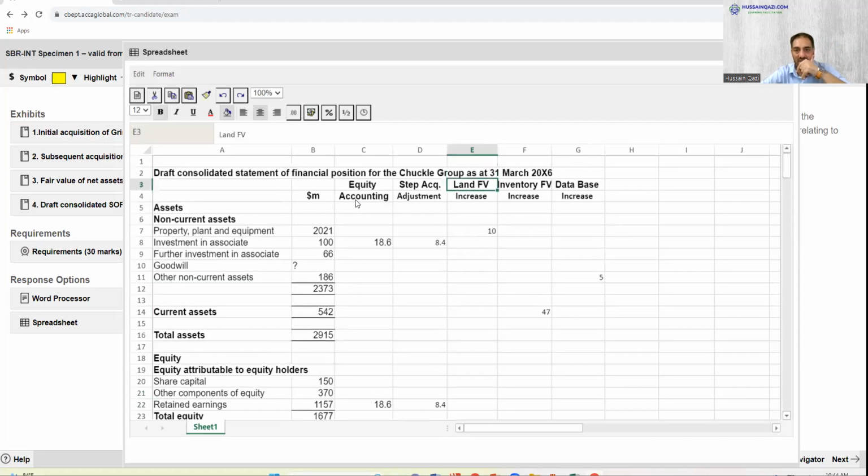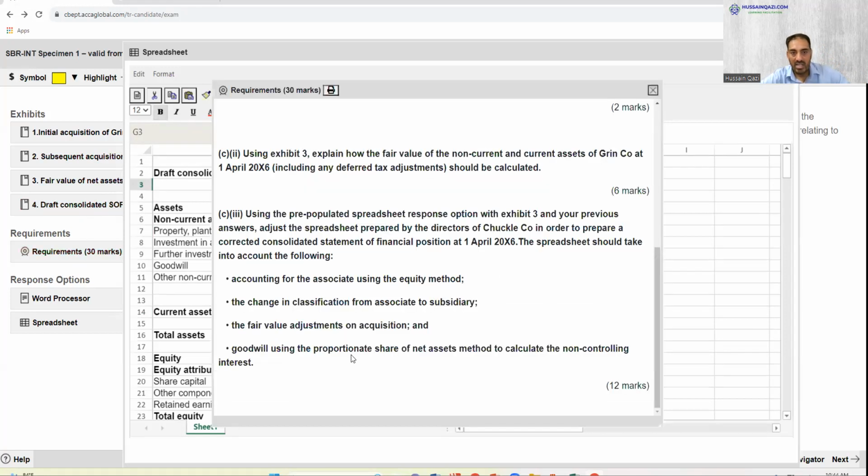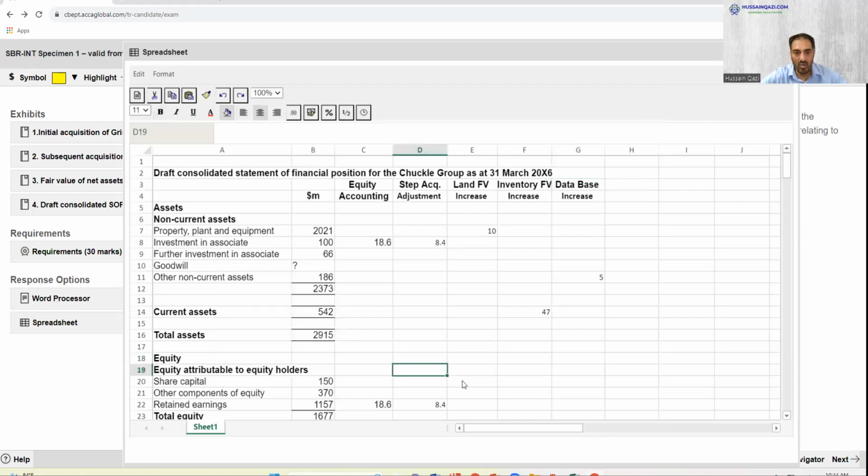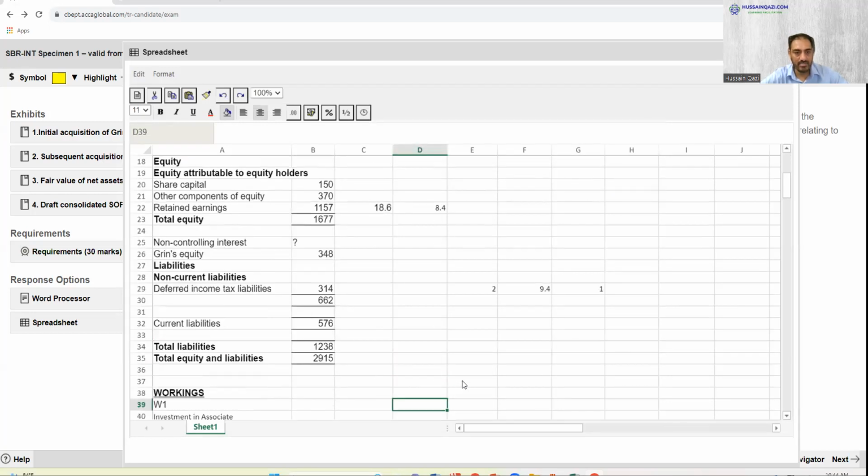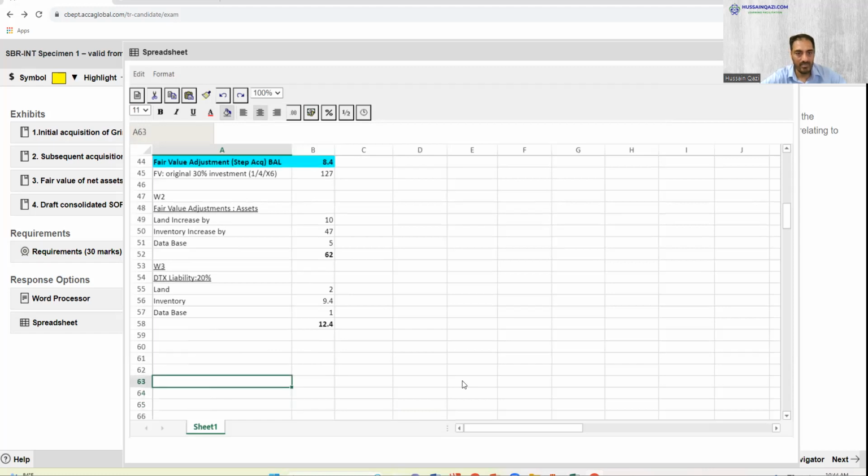So that is about the fair value adjustment and the deferred tax liabilities. Very simple. Next, 1, 2, 3 done. Now Goodwill and NCI. Working number 4. Goodwill. Proportionate method.